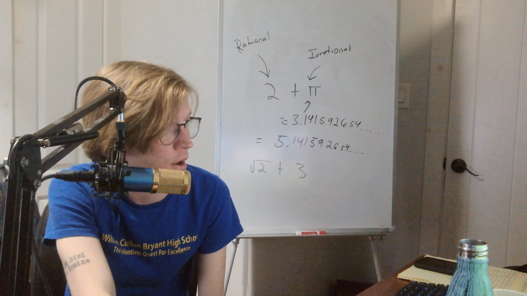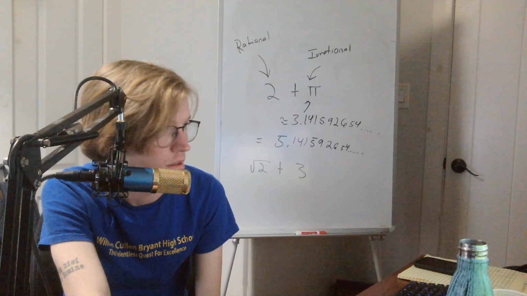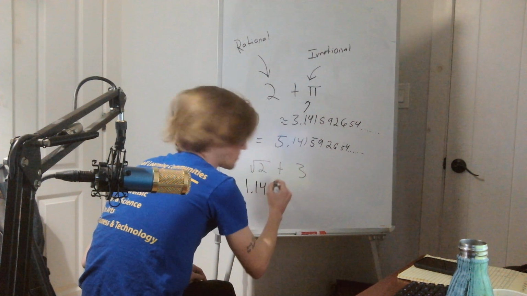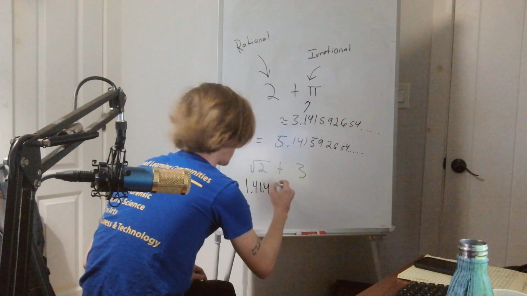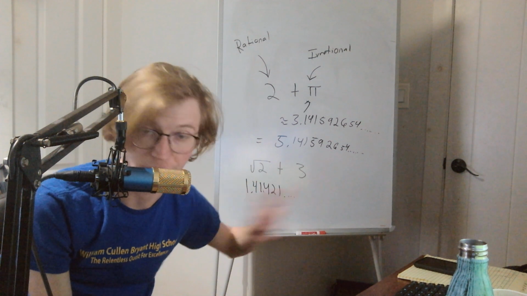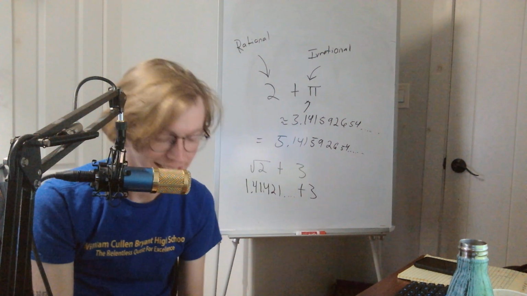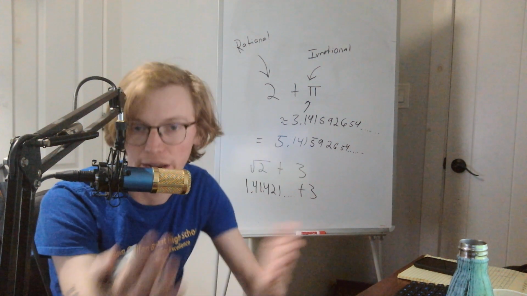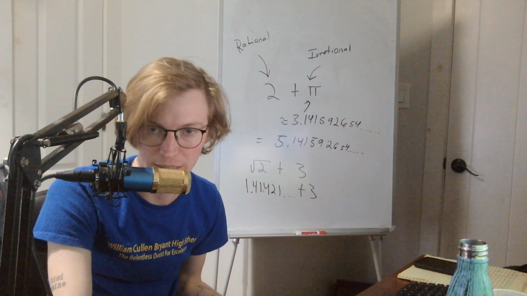If you take the square root of 2 on a calculator to get some sort of decimal answer, like I'm doing right now, you get something along the lines of 1.414213, it goes on forever. And if you add that to 3, it's just taking that irrational square root of 2 and shifting it 3 farther up a number line, right? Making it 3 larger than that, but you still have this never-ending, never-repeating decimal.